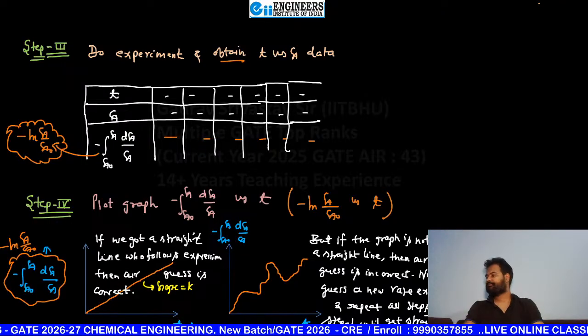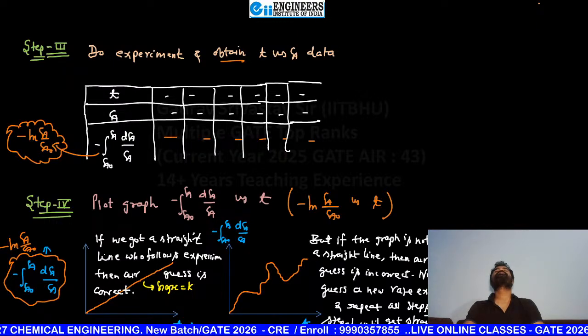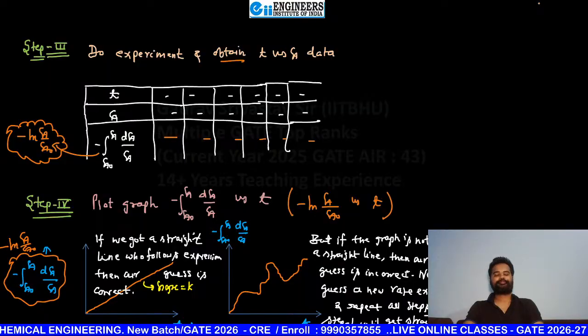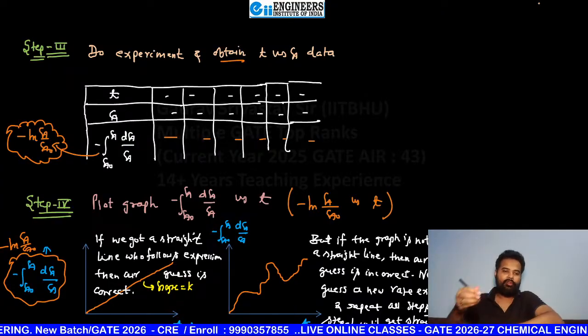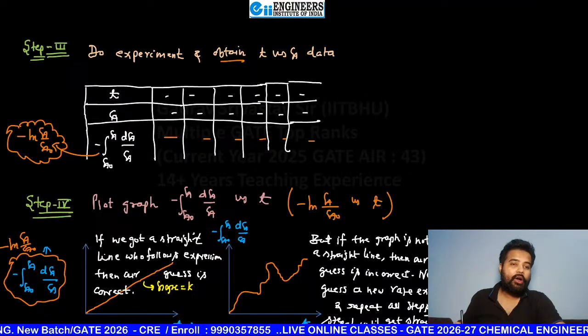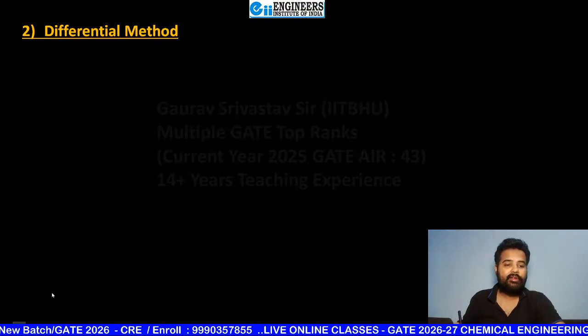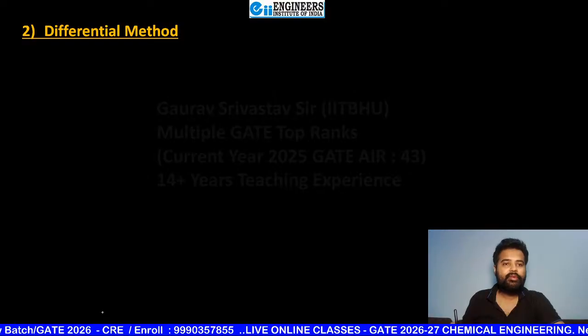Done. Chalo, very good. So now write down the next one, beta: differential method.